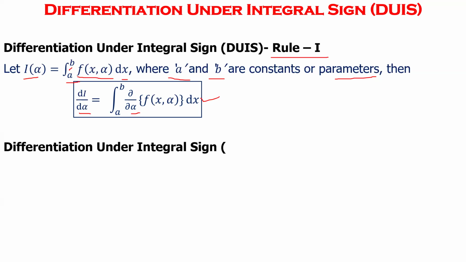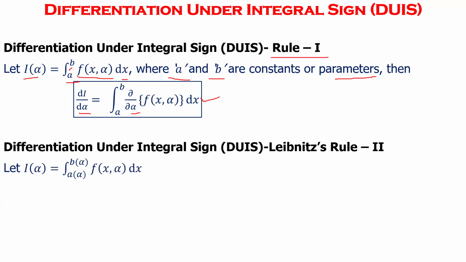Now, differentiation under integral sign, the Leibniz rule, also called DUIS rule number 2, is given as follows. Let I of alpha be equal to the integration of f of x, alpha under the limit a of alpha to b of alpha, meaning a depends upon alpha and b also depends on alpha, with respect to x, where a and b are functions of alpha.